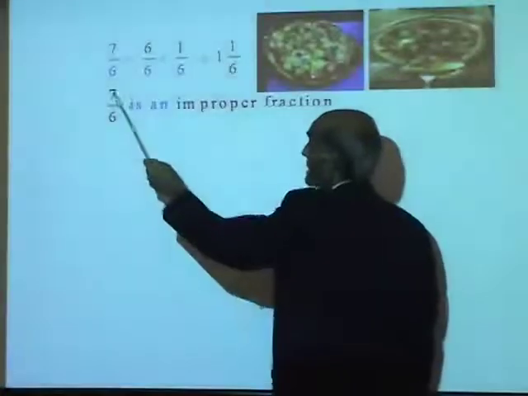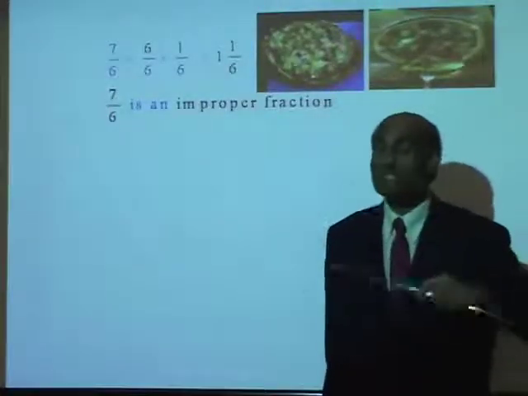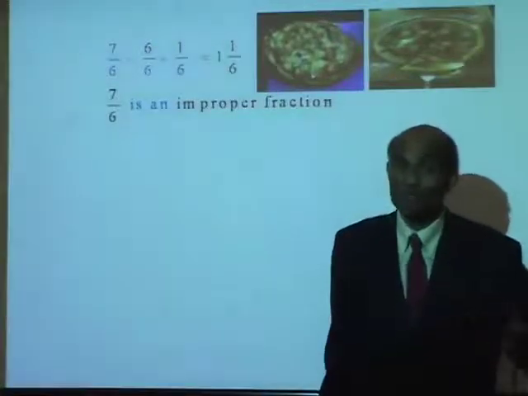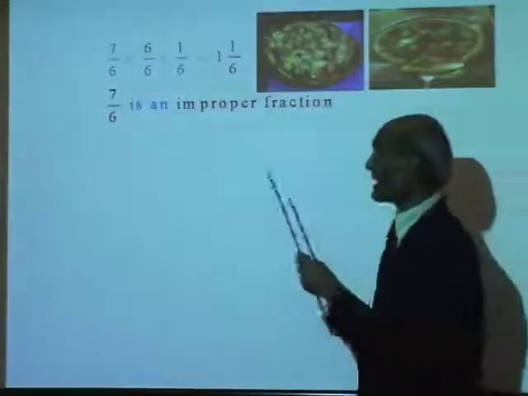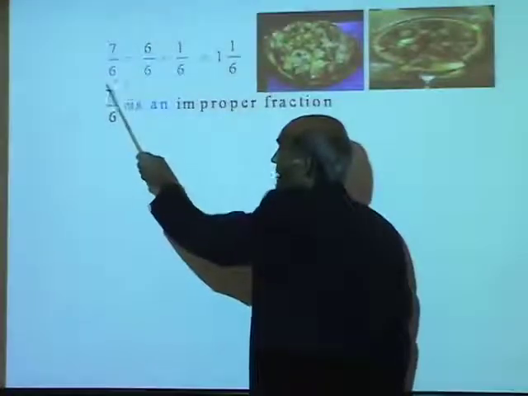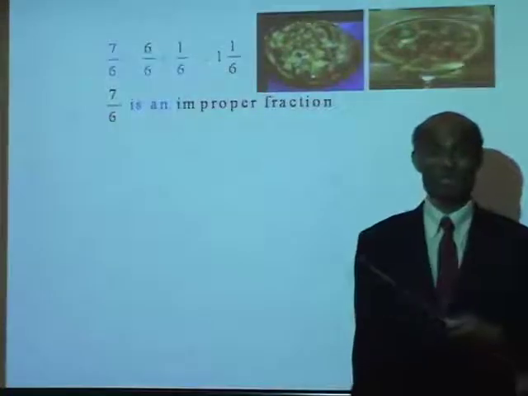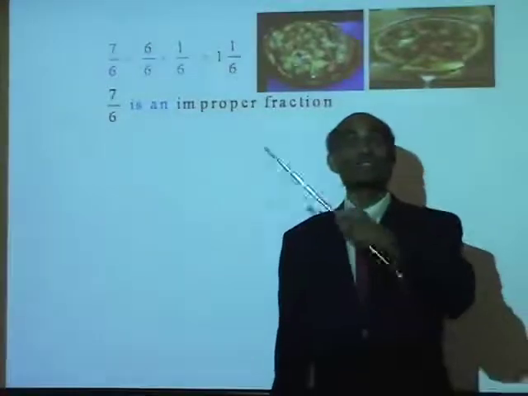You see, 7 out of 6 is an improper fraction. What is improper about it? What is the most important characteristic of an improper fraction? Well, I think when you look at it, it has a numerator greater than the denominator. Now that tells you that its value is greater than 1.